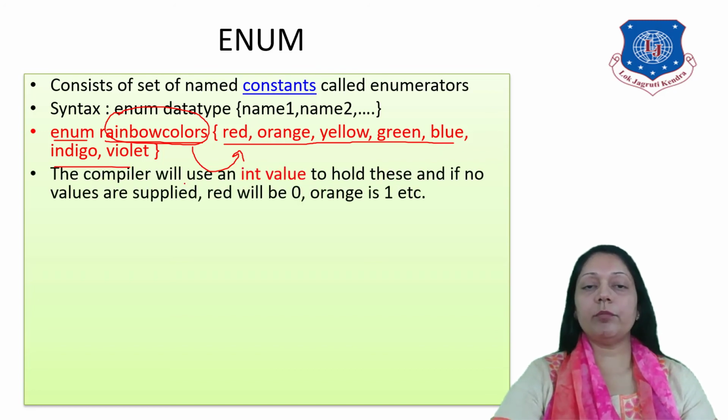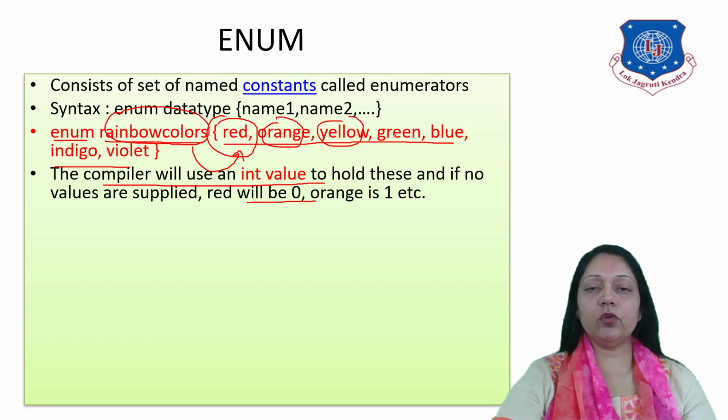Now the compiler will assign an integer value to all these named constants, starting with 0. So red will have the value 0, orange will have the value 1, yellow 2, then 3, 4, 5, 6. So there are 7 values starting with 0.